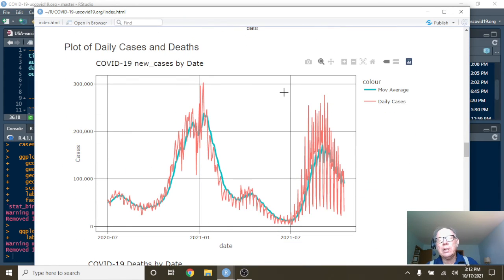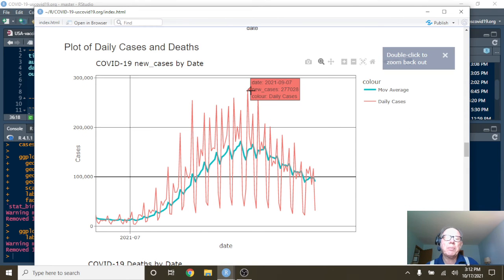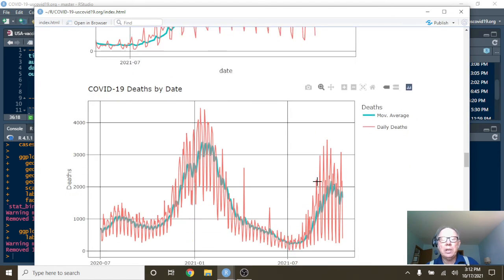Now, if we come over here and zoom in, we can see we had a spike back up here on September 7th at 277,028 cases. But on October 16th, the number had fallen to 31,555 cases, with an average of 90,352 cases per day. What about deaths?